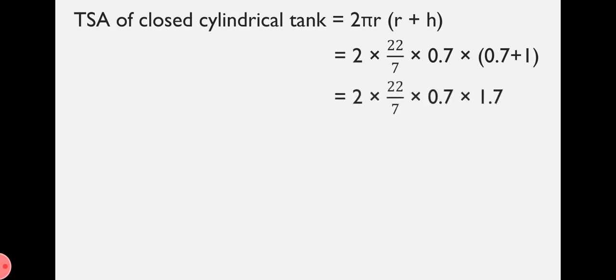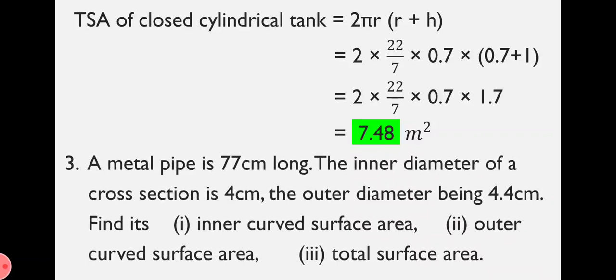For solving further, equal to 2 into 22 upon 7 into 0.7 into 1.7. That will be equal to 7.48 meter square. Hence, the sheet required to make the closed cylindrical tank will be 7.48 meter square.